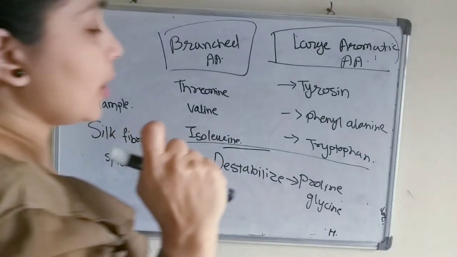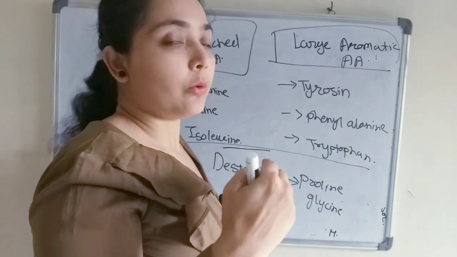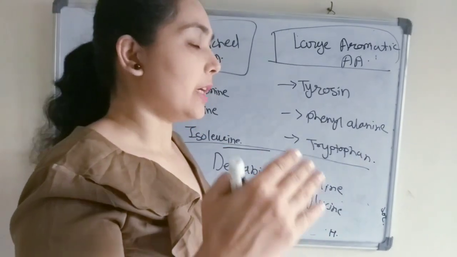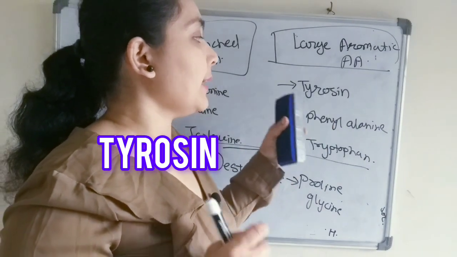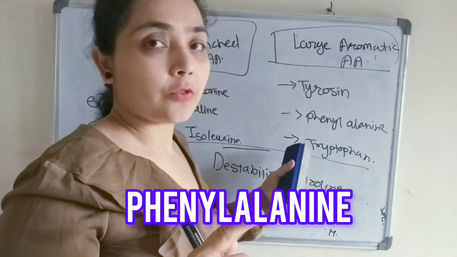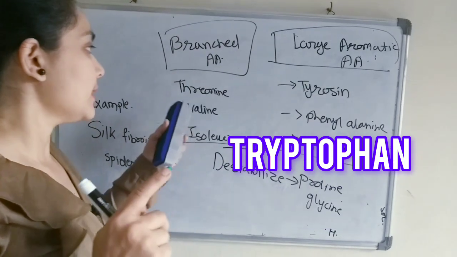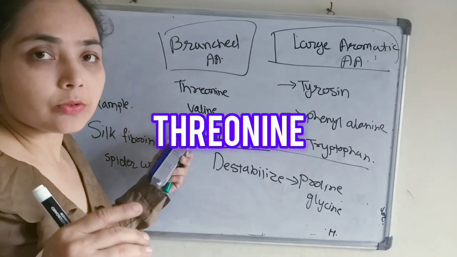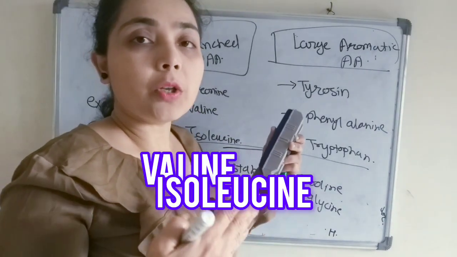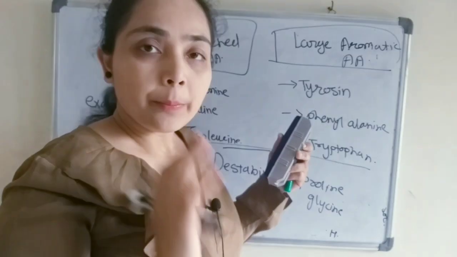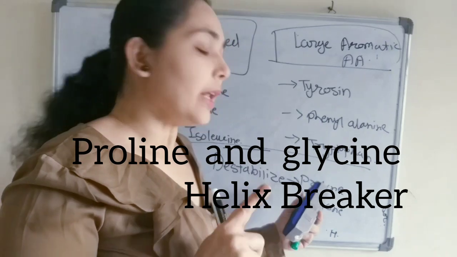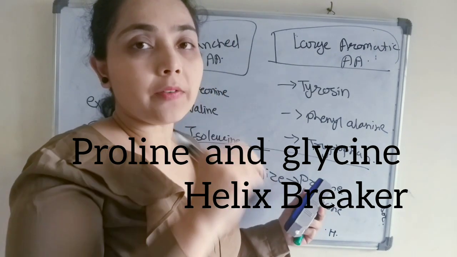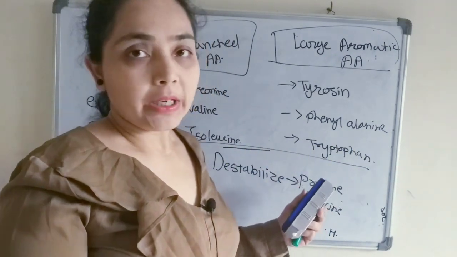Now let's see the amino acids mostly found in the beta pleated sheet structure. Large amino acids like tyrosine, phenylalanine, tryptophan, and branched amino acids like threonine, valine and isoleucine are mostly found in the beta pleated sheet. Like in the alpha helix, proline and glycine will destabilize the beta pleated sheet structure.